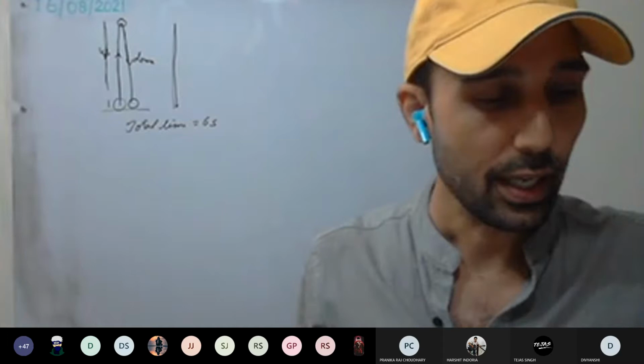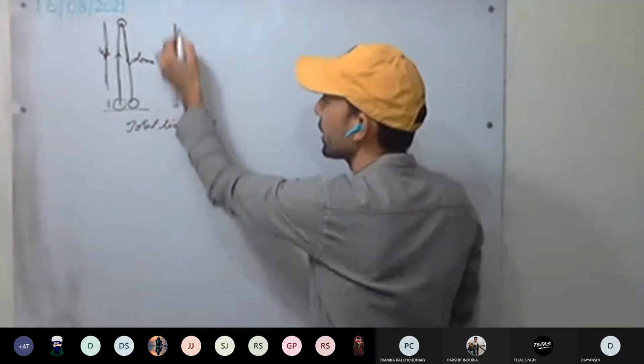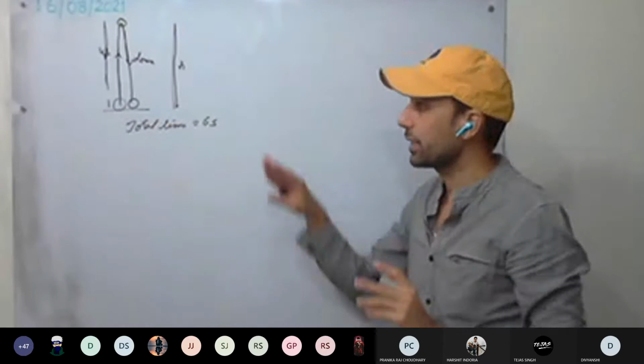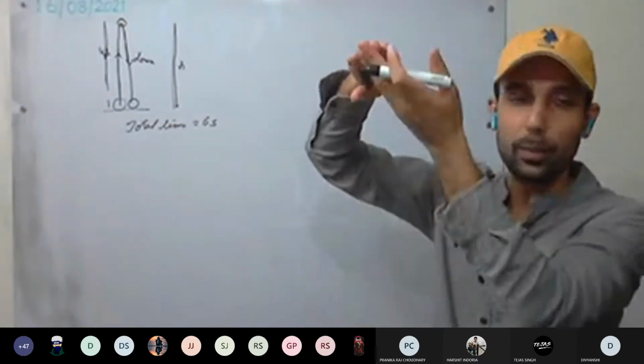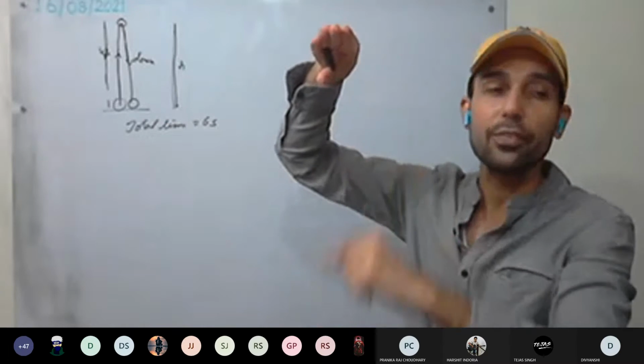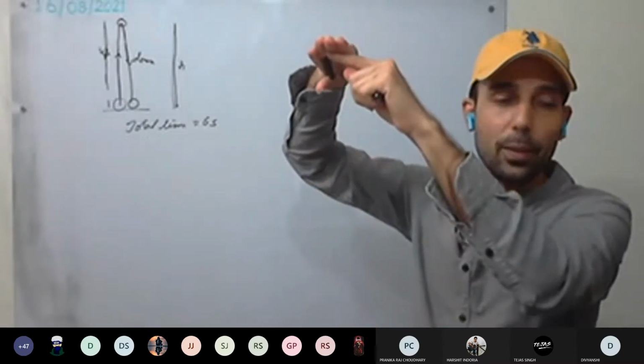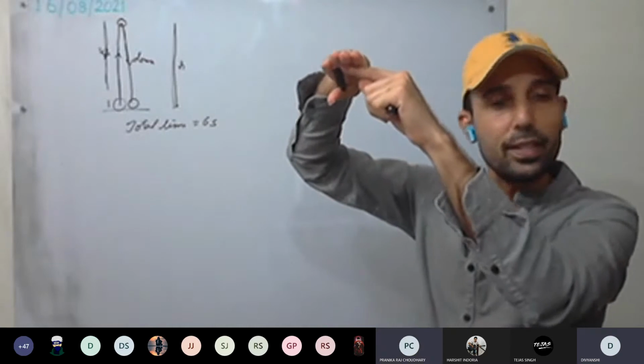Now we have to calculate the height reached by the ball. It means there are two journeys, one going up, other coming down. If the total journey is 6 seconds, how much time is it taking to go up? 3 seconds.